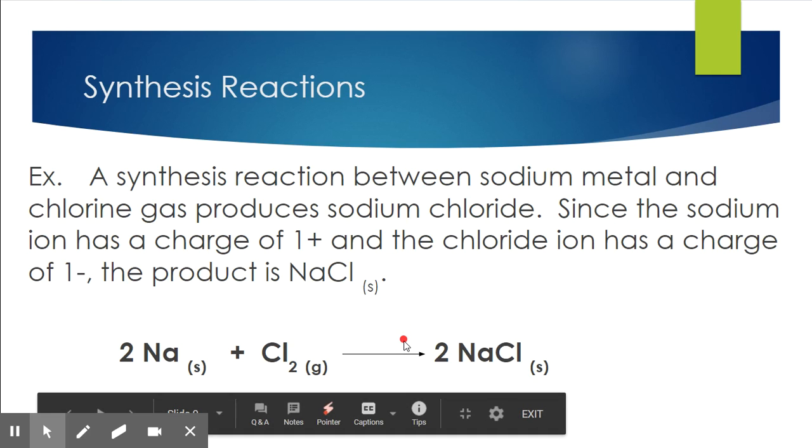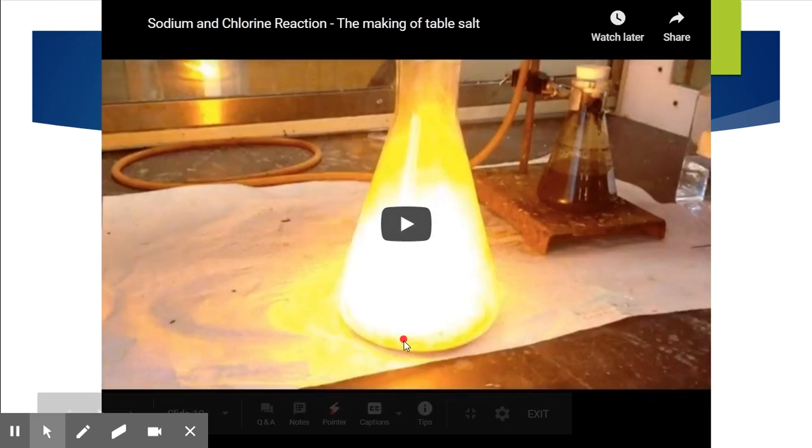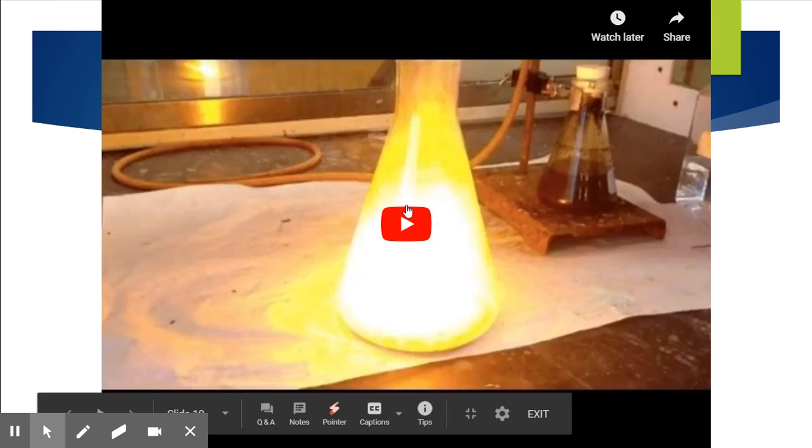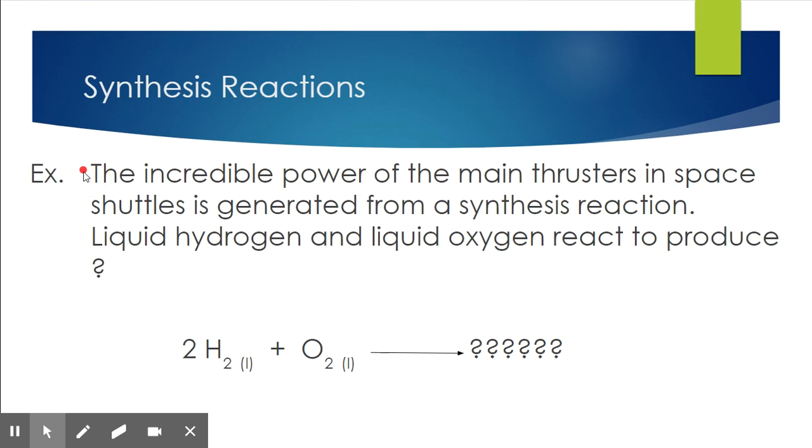You see it as a balanced equation down here. So this is a video of a reaction of sodium metal and chlorine. You can go again to where you found the other video and watch this to see how basically table salt is made. You can create table salt with these raw elements.